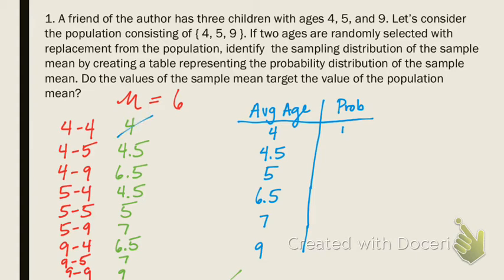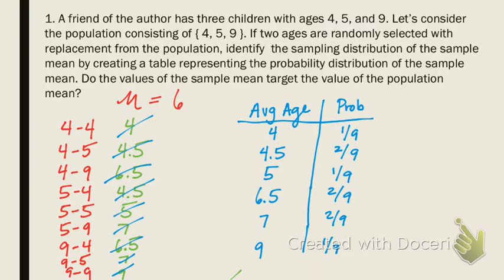So 4 occurs 1 out of 9 times. 4.5, 2 out of 9. 5, 1/9. 6.5, 2/9. 7, 2/9, sorry. And then 9 is 1/9.